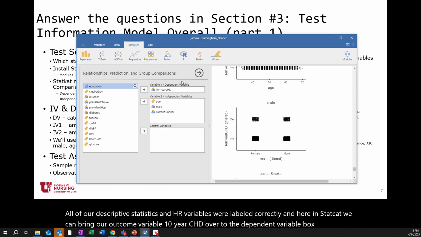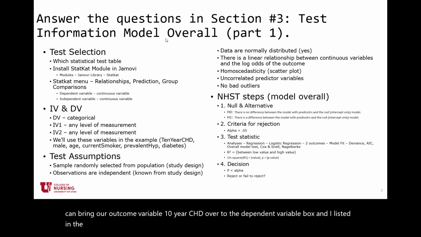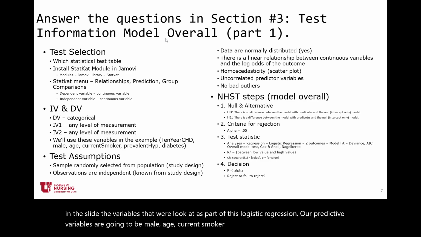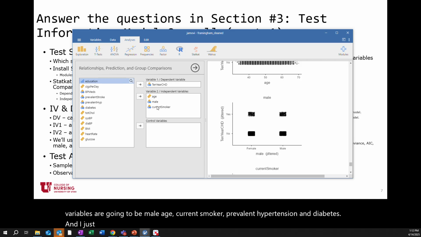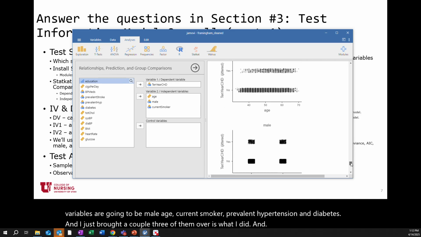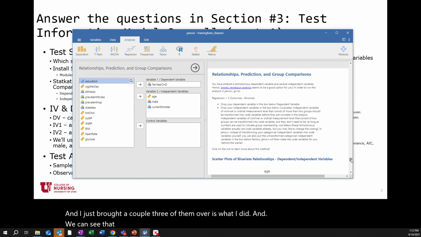And I listed in the slide the variables that we'll look at as part of this logistic regression. Our predictor variables are going to be male, age, current smoker, prevalent hypertension, and diabetes. And I just brought three of them over is what I did. And we can see that StatCat gave us logistic regression.